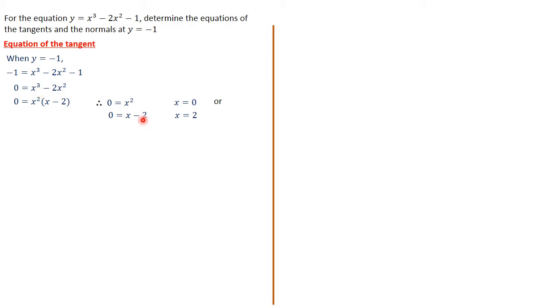When we have 0 = x squared, it tells us this is a repeated root. We can say that x = 0 and x = 0, so that we have 2 values of x which are the same. So please understand that these are written as 2 answers, but they're actually 3: x = 0, x = 0, and x = 2.